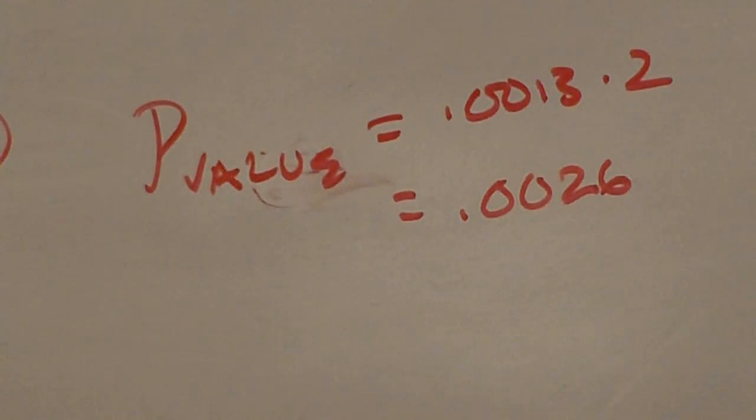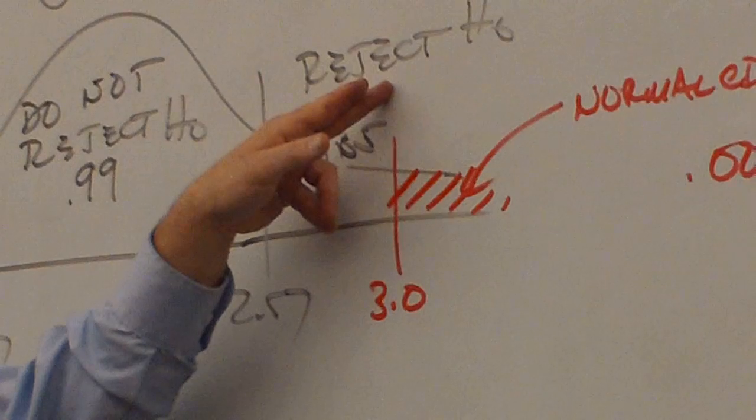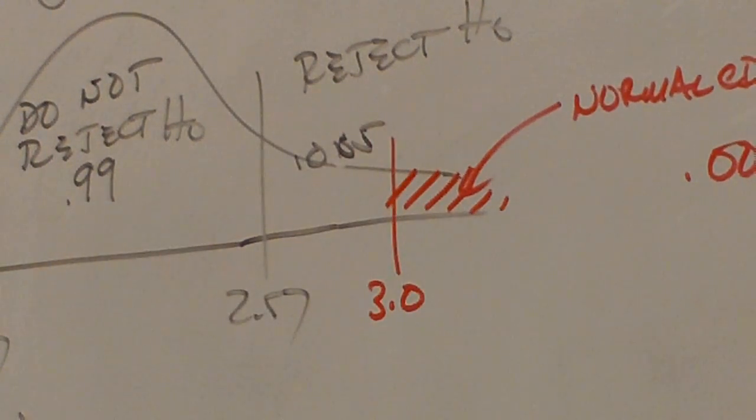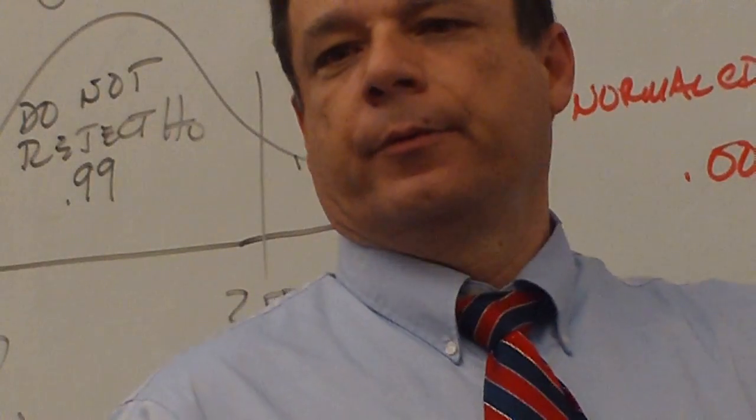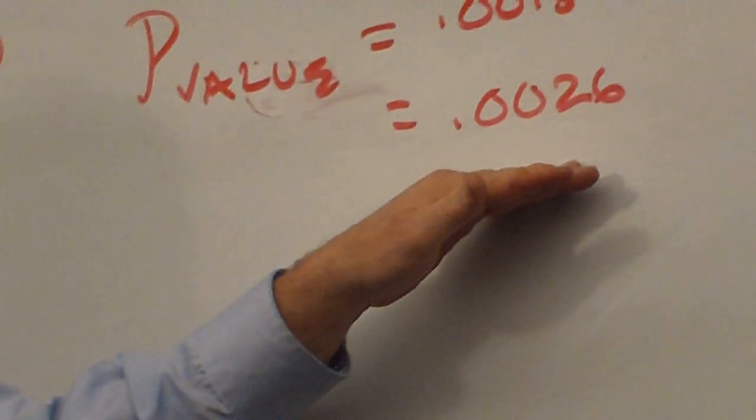So the answer for this one is change. We believe there's a change. Why do we believe there's a change? Because 3.0 is in the reject H0 region. Okay? So again, if alpha is greater than the p-value, we reject the null hypothesis.